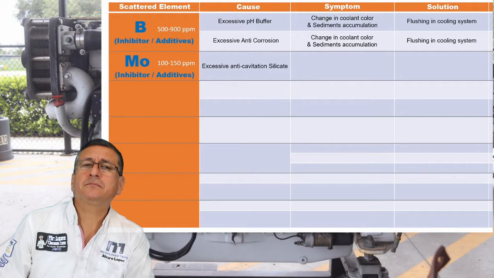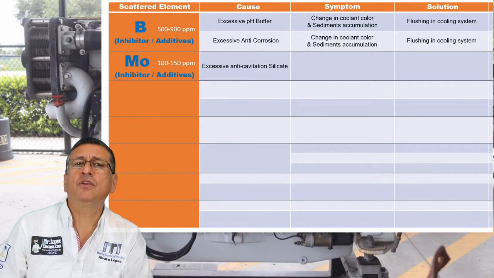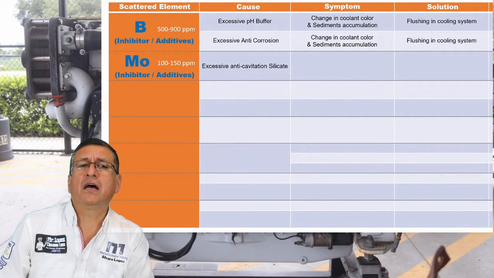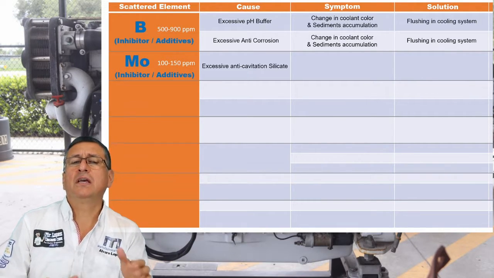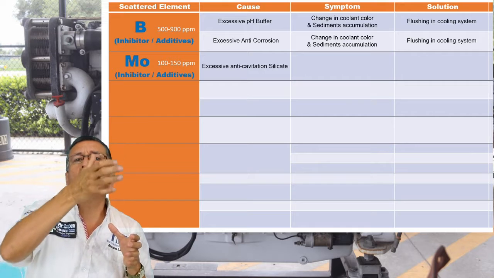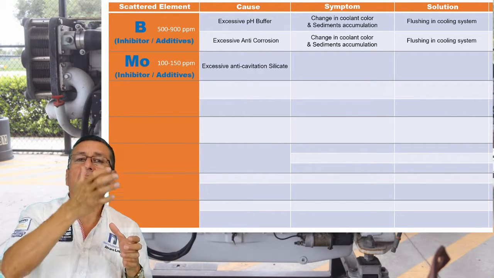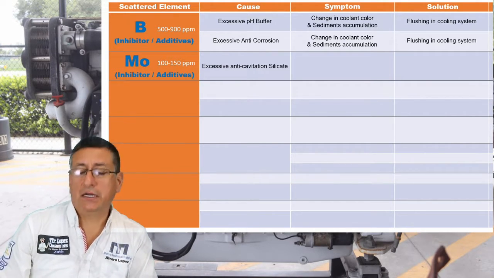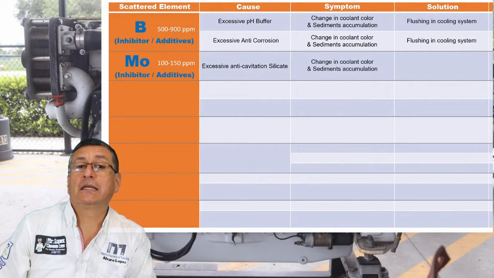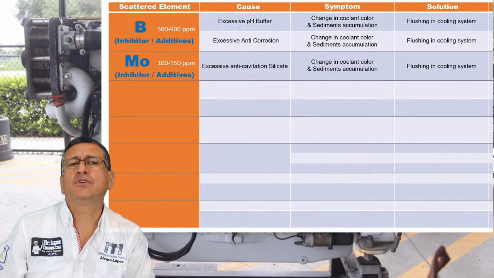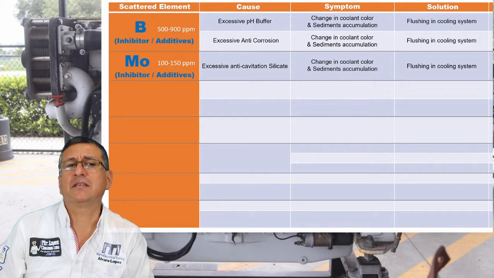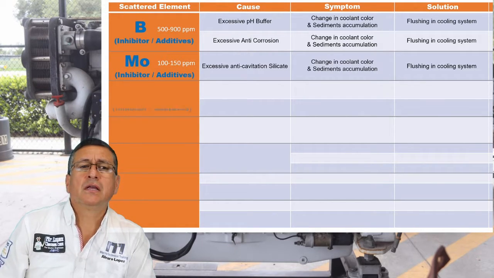Normally it is a special additive used in the coolant in order to avoid cavitation and in order to avoid the creation of a scale around the metals. But the consequence is once again change in the color and sediments, and you need to flush the system. All of those additives produce exactly the same cause and consequence.